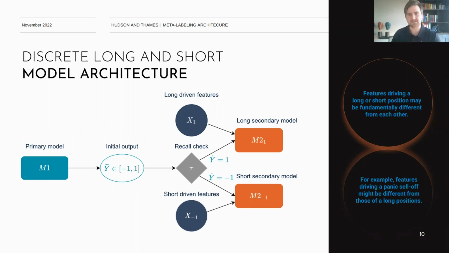And we're going to see this theme throughout the paper, where if you just take one model to do everything, then it's most likely that the model is going to underfit because it can't distinguish between the features correctly and their relationship to the target variable. An example of this is that features driving a panic sell-off might be different from those of a long position.